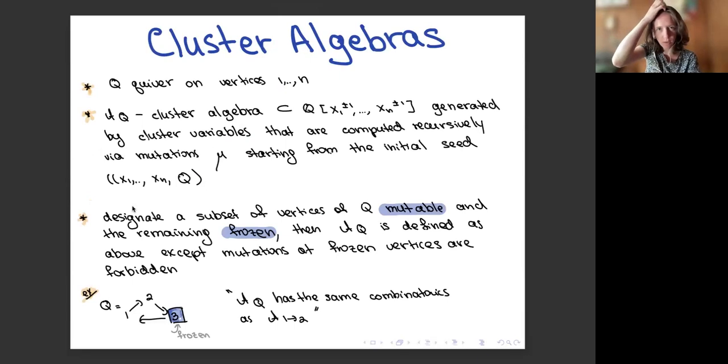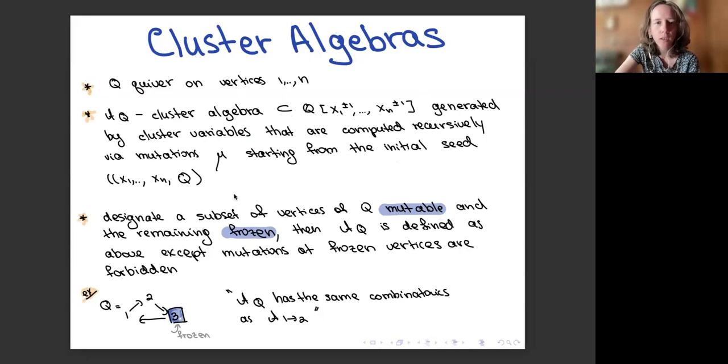This is a reminder slide on cluster algebras, because I also want to define one more thing. So Q is a quiver on vertices 1 through n. And then the cluster algebra A_Q lives inside the field of Laurent polynomials. It is generated by these cluster variables that we all know, computed recursively from the initial seed.